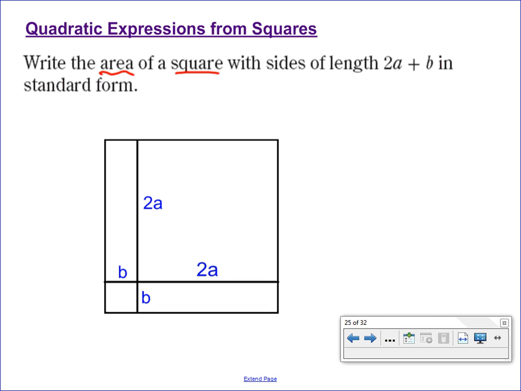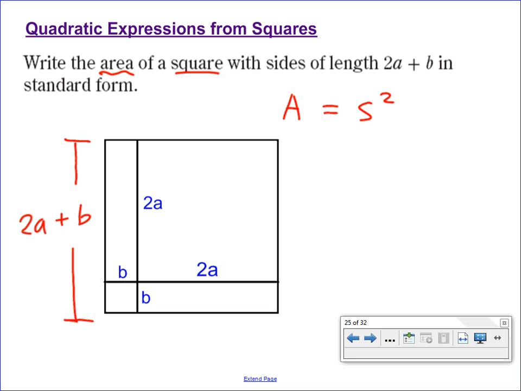If 2a plus b is the side length in this square, then side length times side length would be equal to area A. And so I know that area of a square is side length s squared.